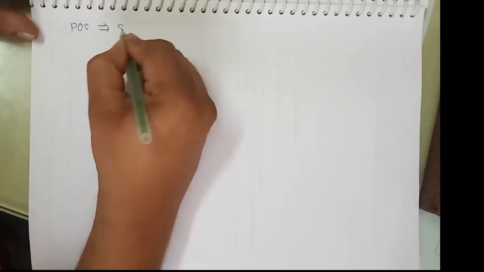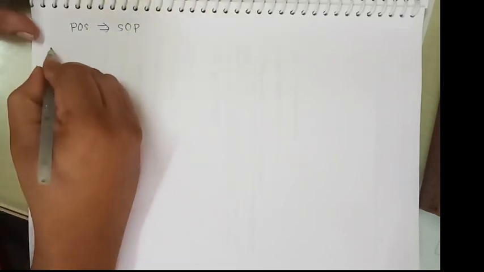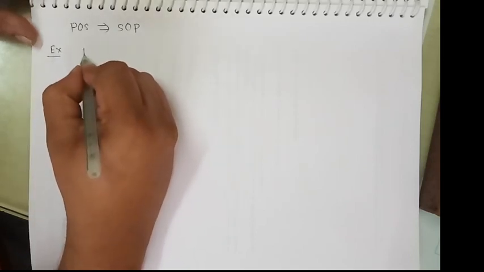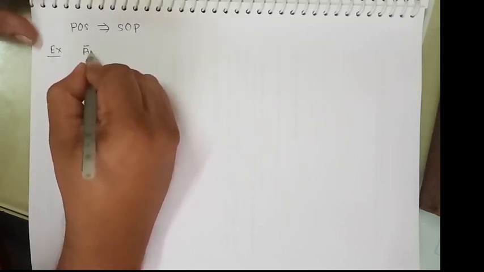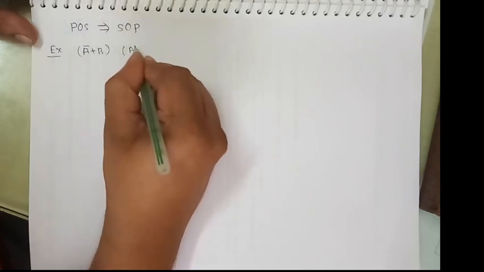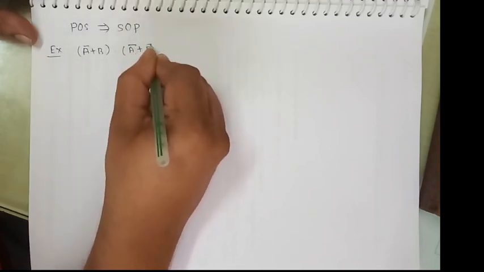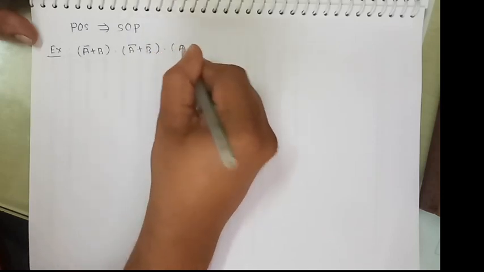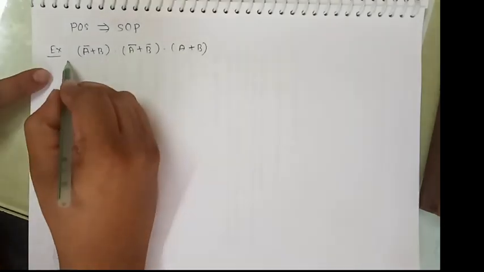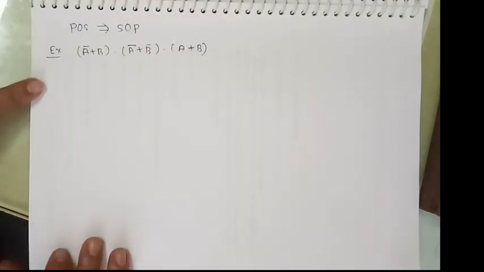Let us study the other conversion, that is POS to SOP. Suppose we have taken one example like this: A bar plus B into A bar plus B bar into A plus B. Now this equation we have to convert into SOP form.